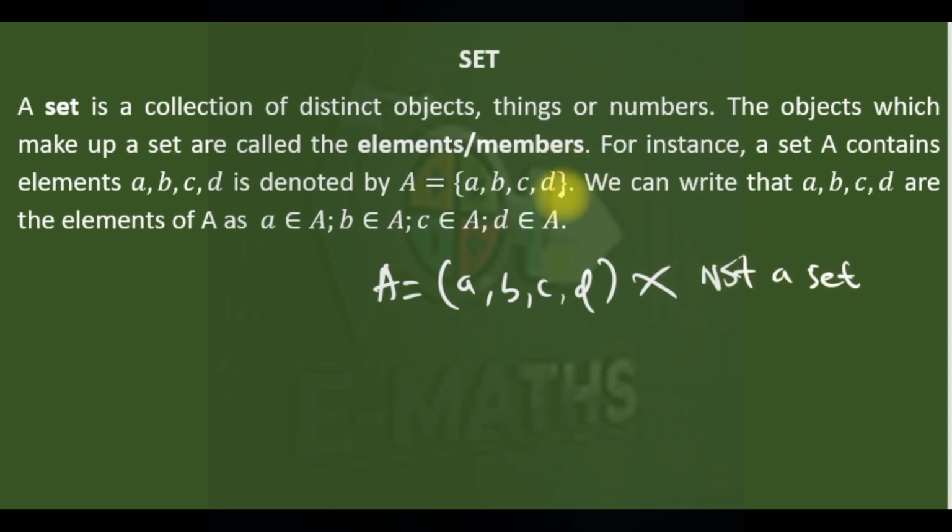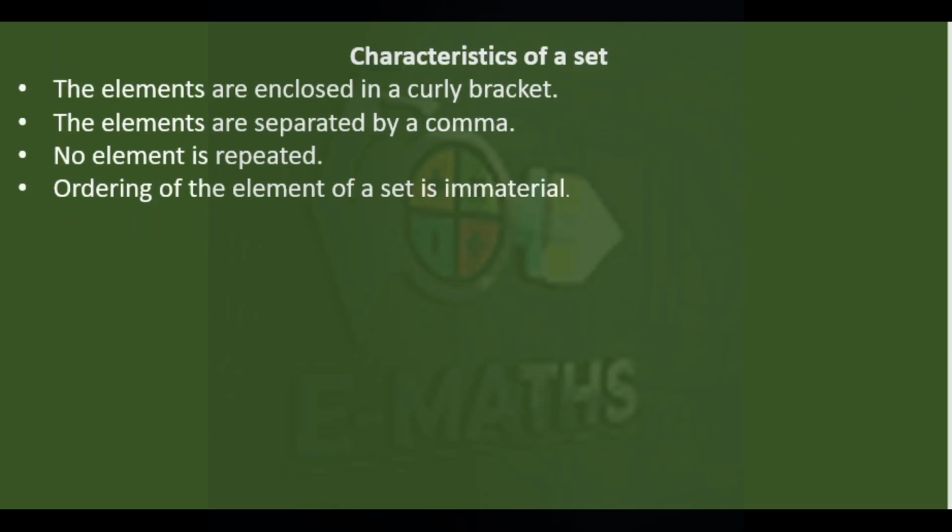It must be this type of bracket, curly bracket. So each of these is called the element or the member. So a is an element of A, b is an element of A. So that's it.